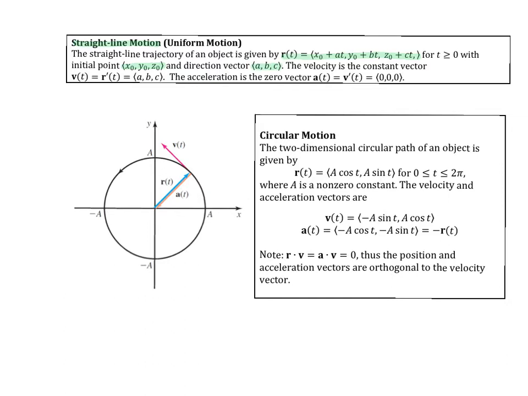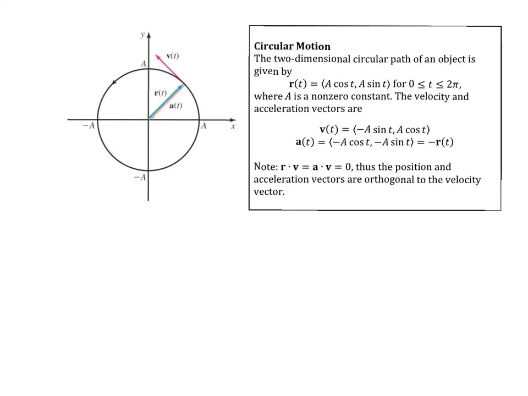So the velocity is going to be the derivative of the position function, and the acceleration is the derivative of the velocity. So that's just movement in a straight line. R is linear. So we're going to move on to circular motion, and again, this is all super familiar to us. Again, this is 2-dimensional. We're not in 3-dimensional space yet.